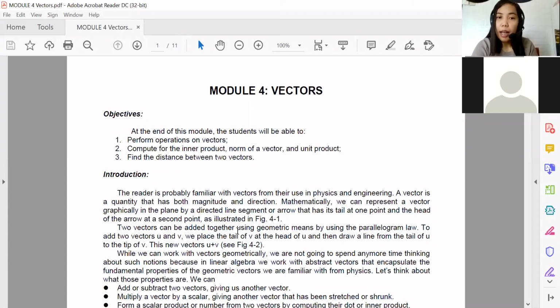So two vectors can be added together using geometric means by using the parallelogram law. So we can also perform operations on vectors. So it's almost the same on how we perform operations on matrices. To add two vectors, U and V, we place the tail of V at the head of U and then draw a line from the tail of U to the tip of V. So when we add two vectors, we're going to have a new vector that is the sum of the given vectors.